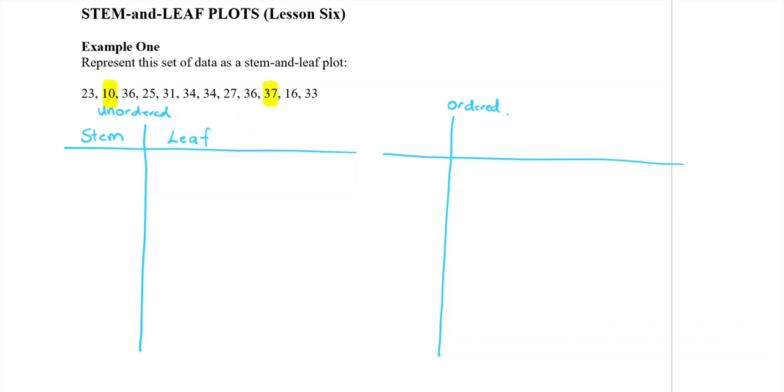Okay. The stem is the tens digits of our numbers. So looking at my lowest and my highest number, it means that I have numbers that are in the 10s, 20s, and 30s. So I'm going to put down here 1, 2, and 3 because they represent the 10s, 20s, and 30s.